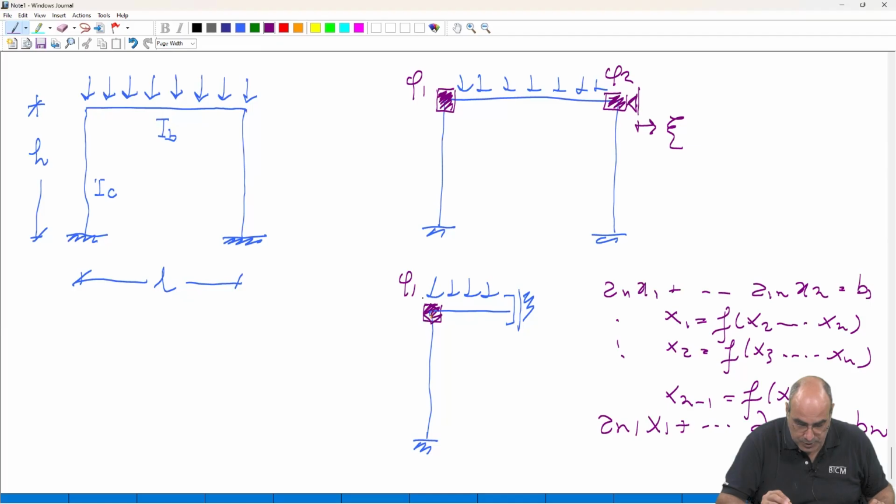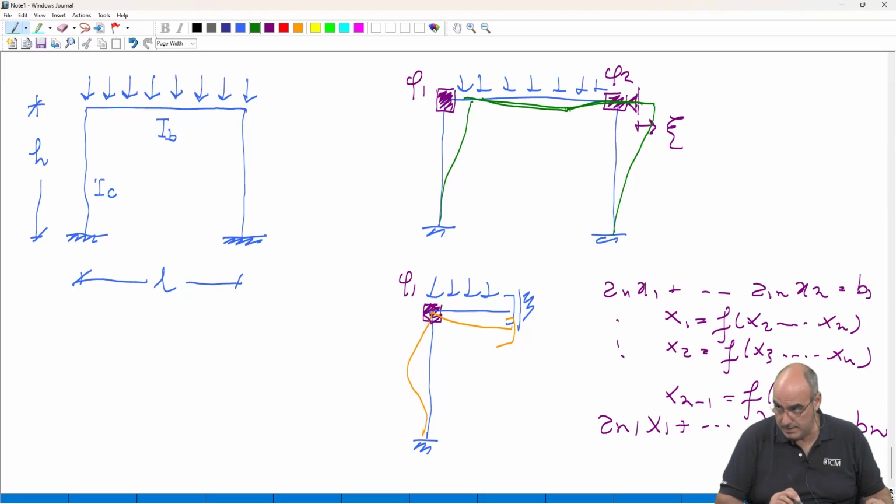The way in which our structure will buckle is something like this. Whereas if we do not rely upon symmetry, the way in which our structure will buckle will be something like this. This counterflexure point is at midspan.